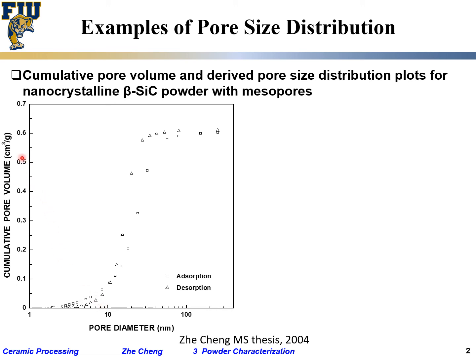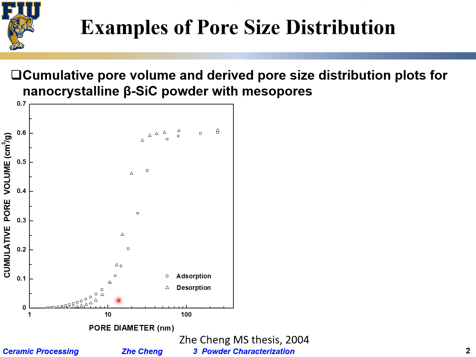Remember, this one has a unit of centimeter cube per gram. The cumulative pore volume depends on the amount of powder you're dealing with, so it has to be normalized, right? If you are dealing with 1 gram versus 100 grams, the total pore volume will be different. But when we normalize, we can compare. Make sense?